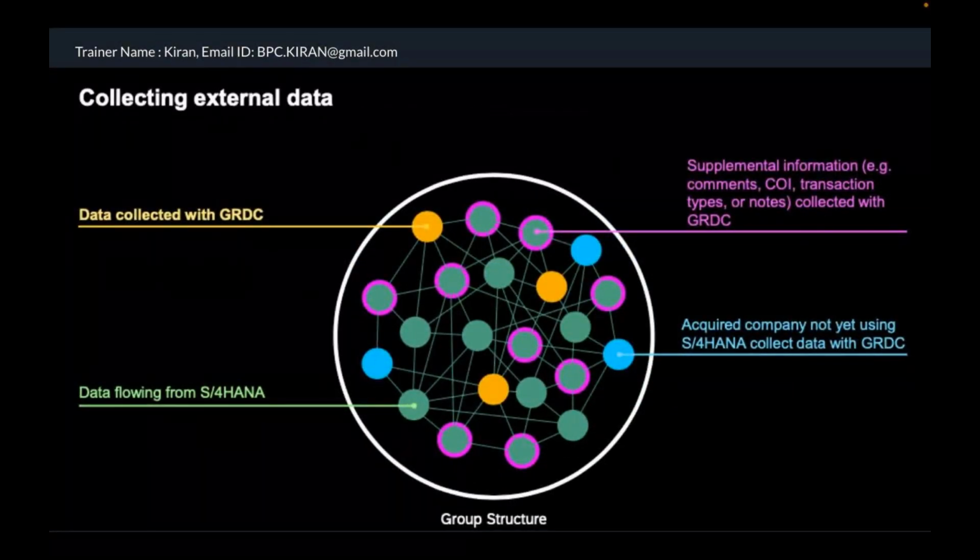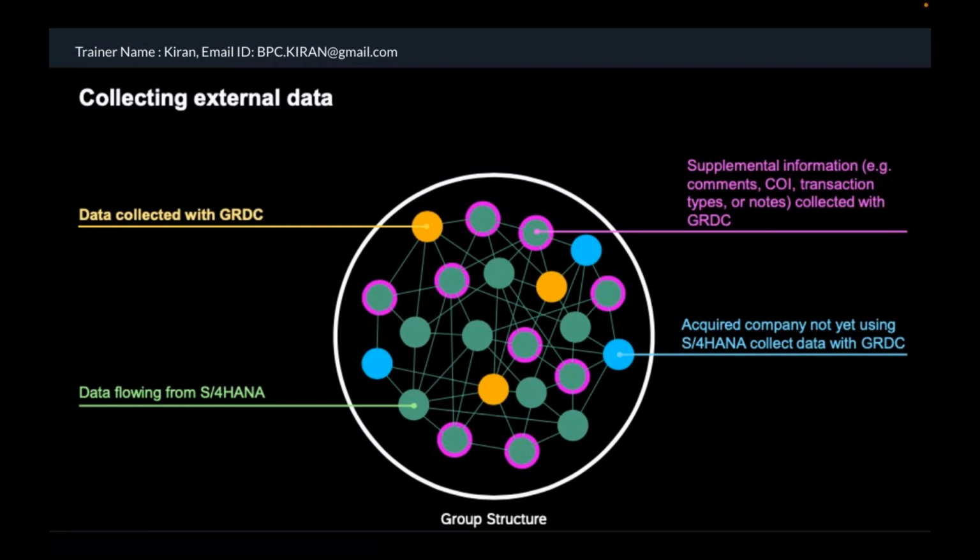When you say group reporting, when you say group structure, you have different consolidation units or different entities. Some are coming from S/4HANA, some are coming from ECC, some are coming from non-SAP. I have seen customers who have 600 consolidation units or 500 consolidation units.